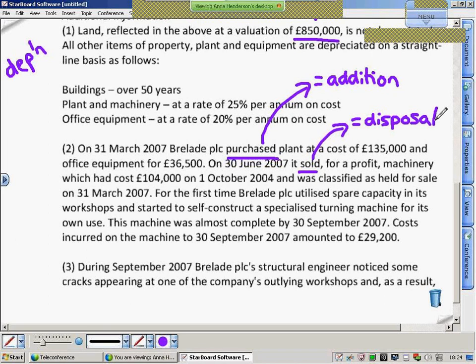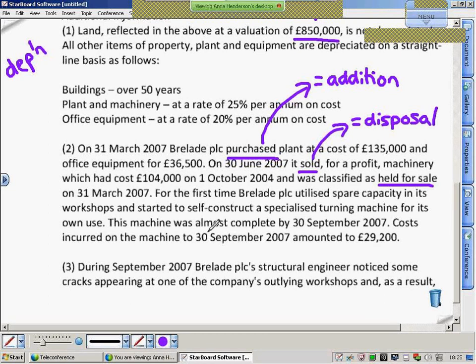In October, it was classified as held for sale. So we need to factor that held for sale classification in terms of when we depreciate. So in terms of depreciation, we need to think how long overall the asset had been depreciated for.